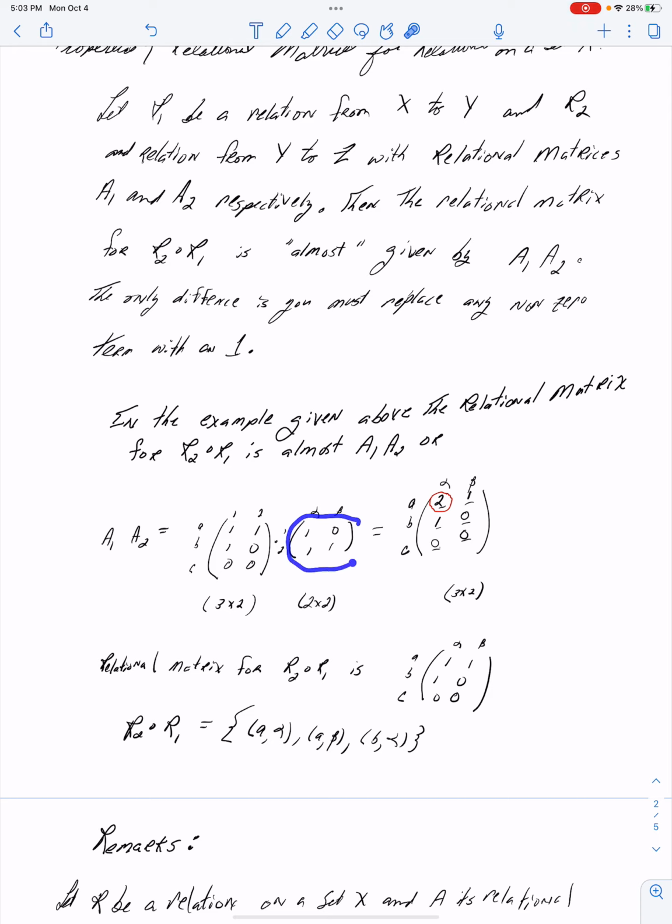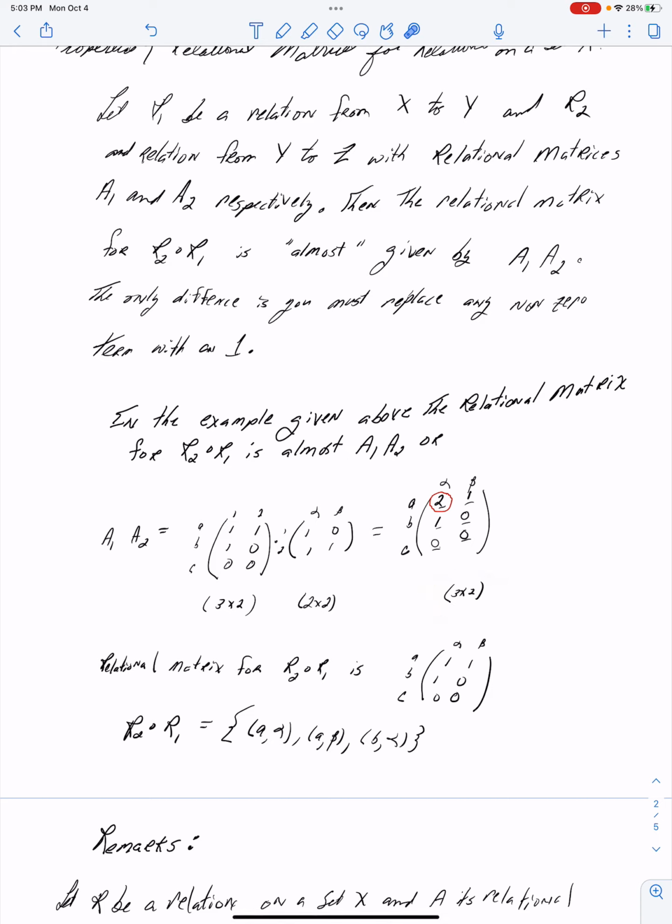And that's what I write right there. And so the product, A1 A2, is this matrix times this matrix. Now you'll notice that this is a 3 by 2 times a 2 by 2. So that's going to give me another 3 by 2.